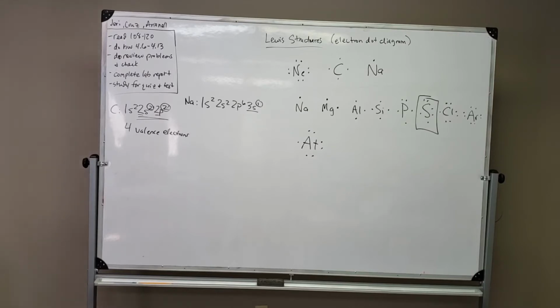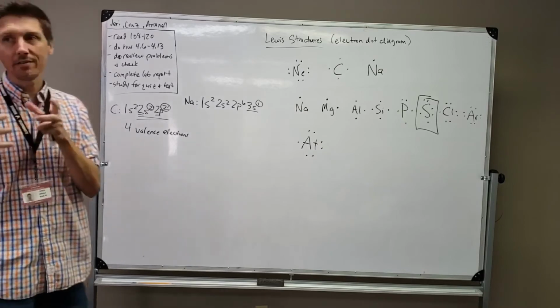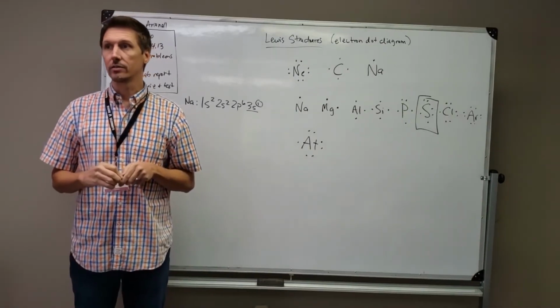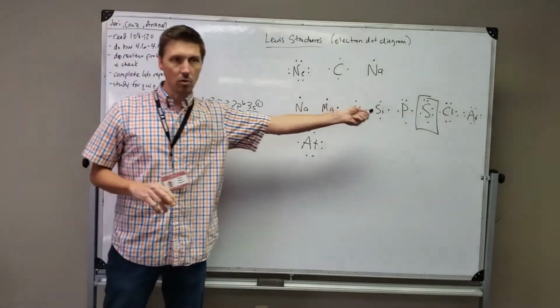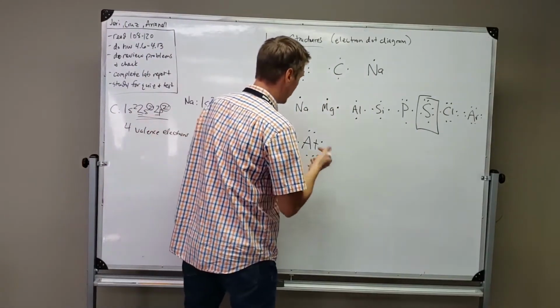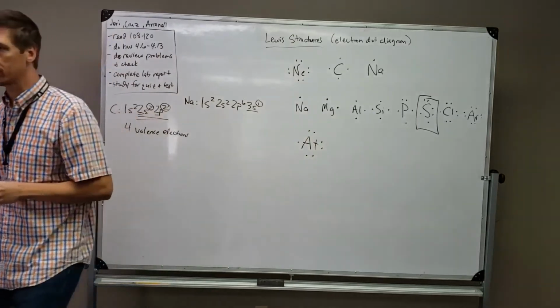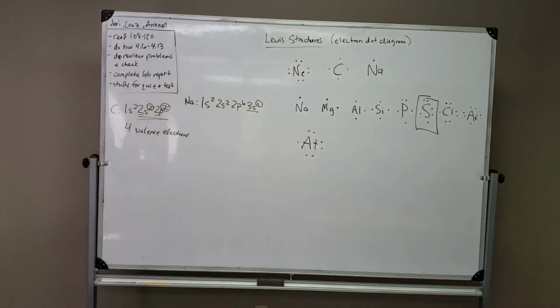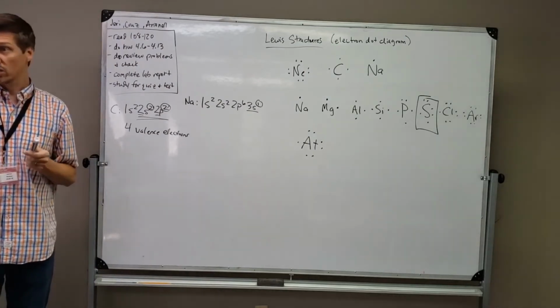So the element wants to have an ideal electron configuration, right? In the case of chlorine, I said, well, let's do astatine since I've already got it on here. It's just like chlorine. How many does astatine have? 7. So it needs how many more in order to be ideal? It needs just one more, right?